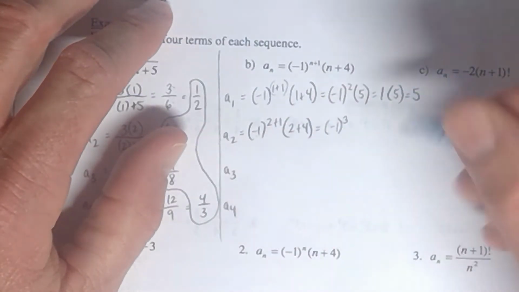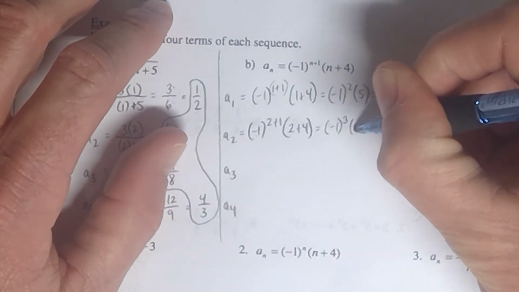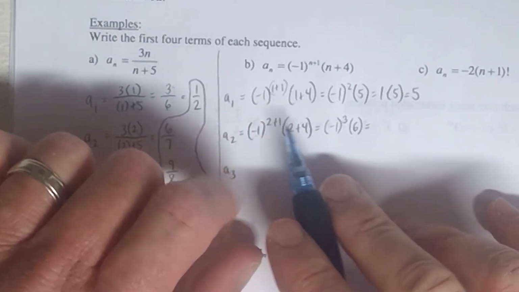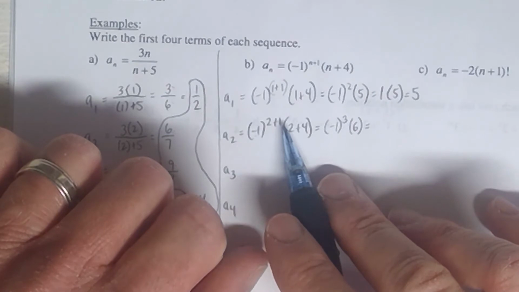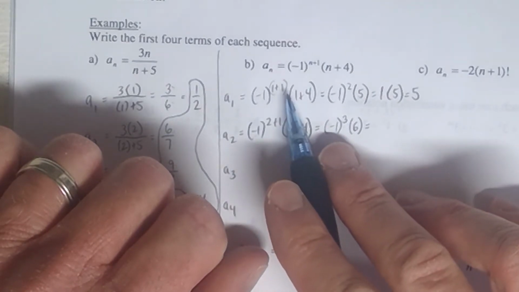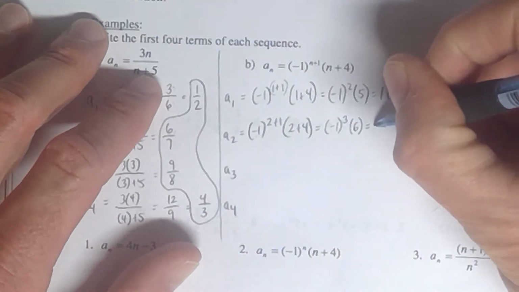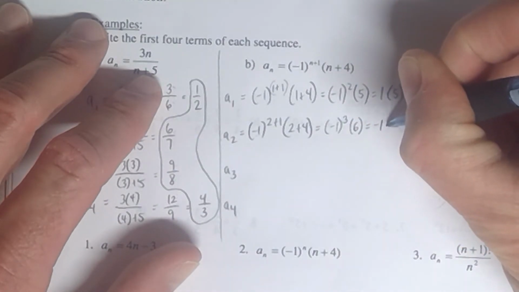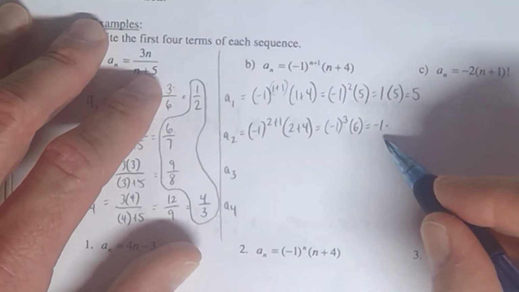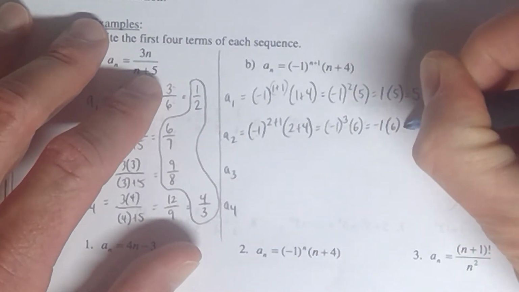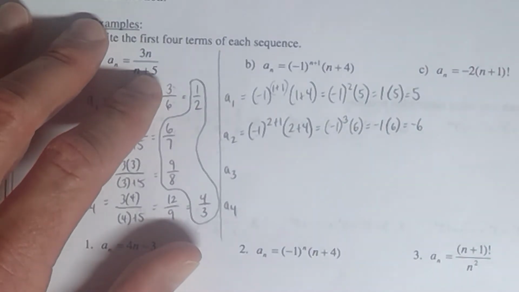I get 3, and I do that at the same time as the other exponent there, which is 6, because those two things are separate from each other, but we think of the 2 plus 1 as a parenthesis around it, just like I did up here with the 1 plus 1. Then we do the exponent, actually taking -1 to that power. That's equal to -1. Negative 1 to the third is negative 1. And then we multiply by 6 and we get negative 6.